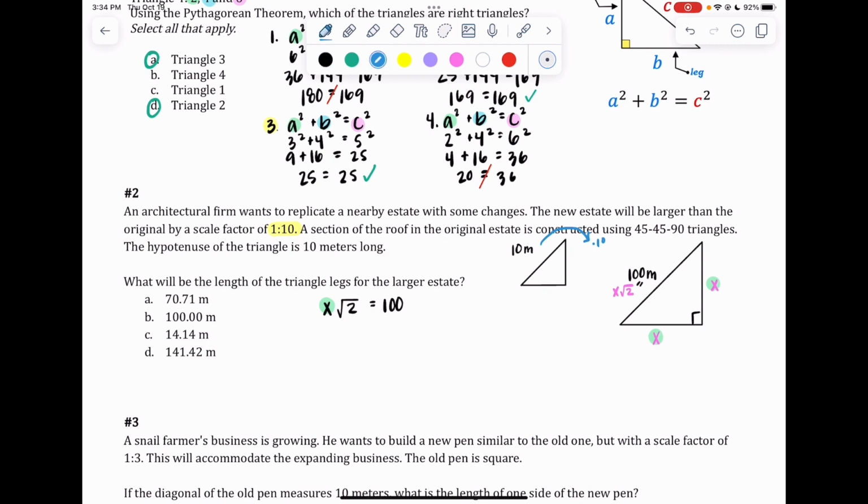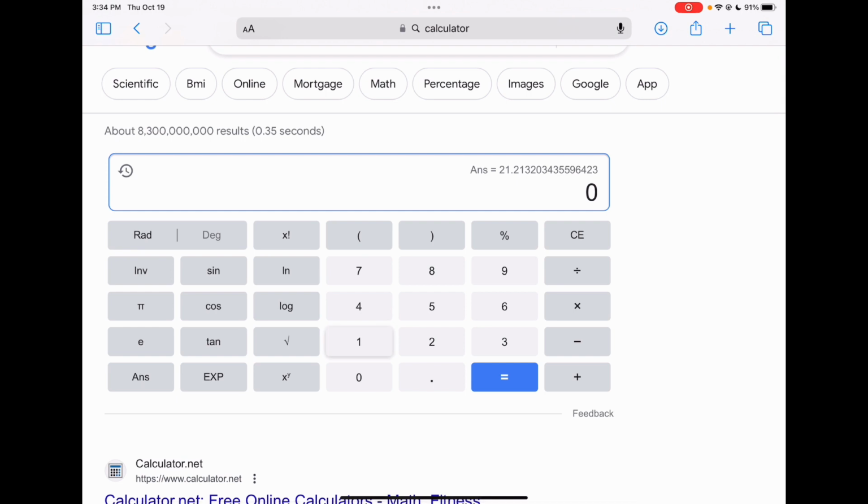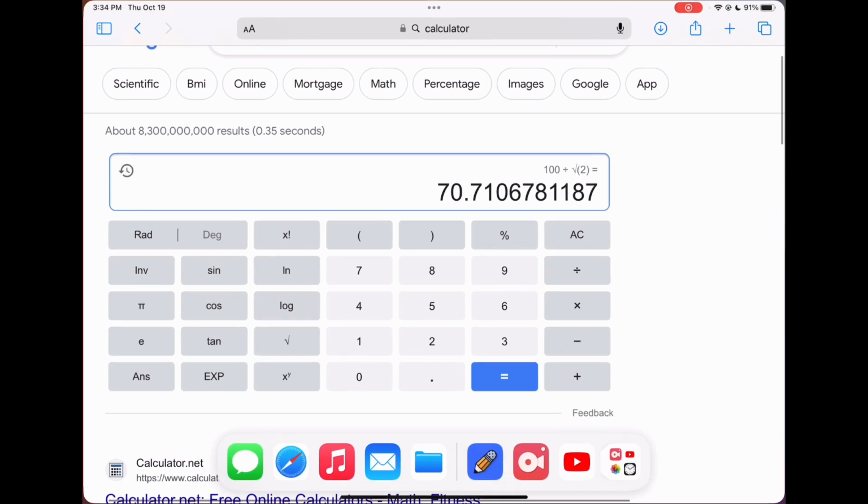So in this case, root 2 is being multiplied by the x. So I would divide both sides by root 2. Root 2 divided by root 2 cancels out, and then I'd be left with just x equals 100 divided by root 2. I'm just going to go to a calculator for that, so do 100 divided by the square root of 2, which ends up being approximately 70.71.